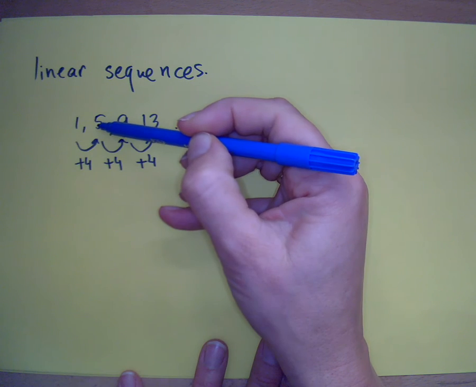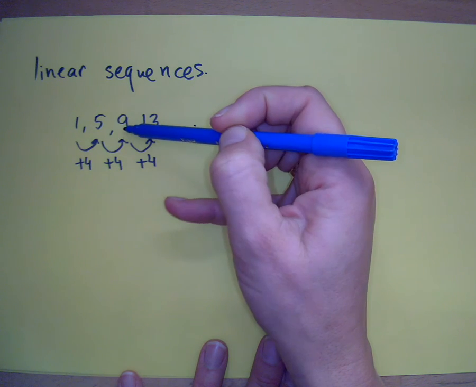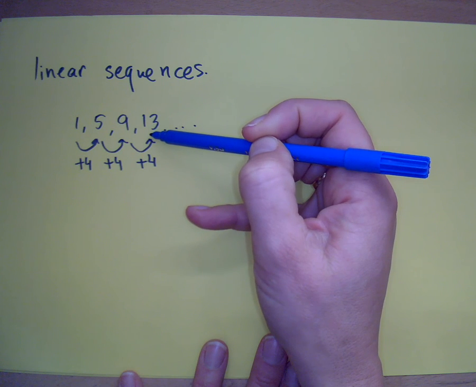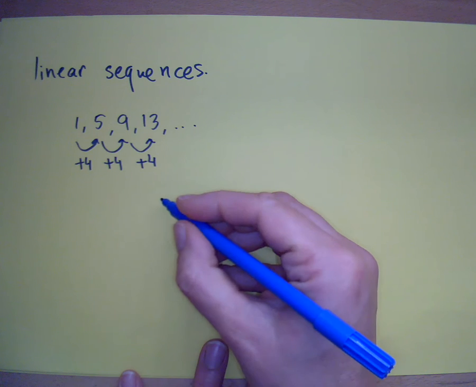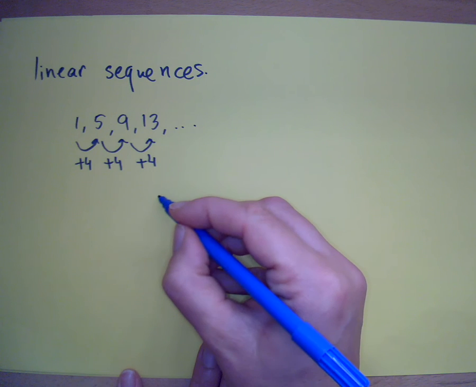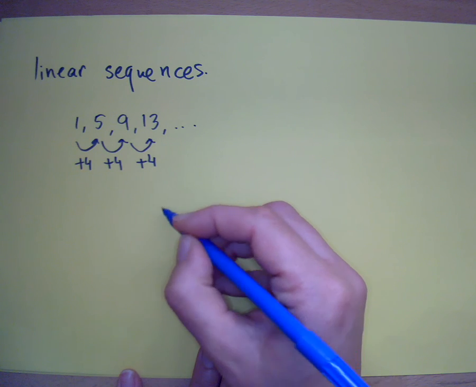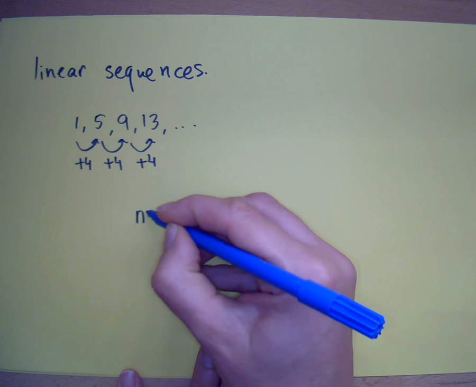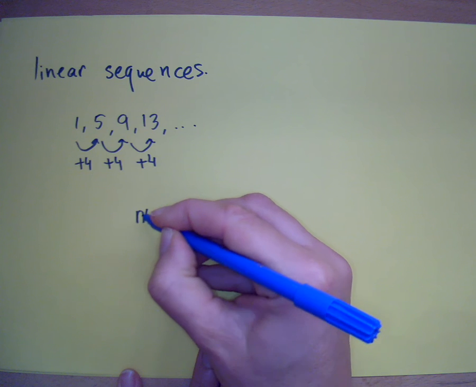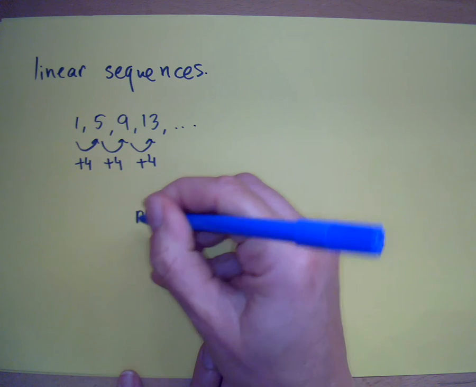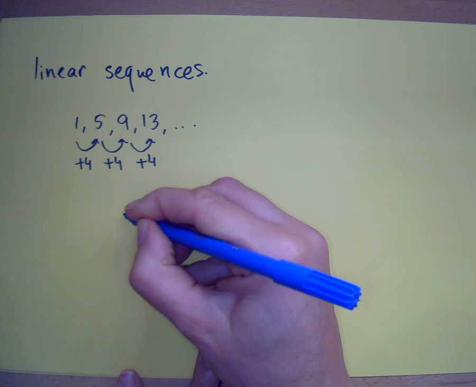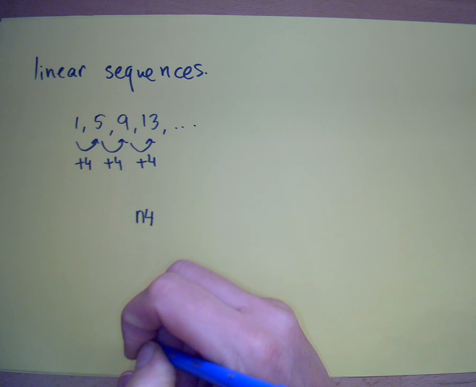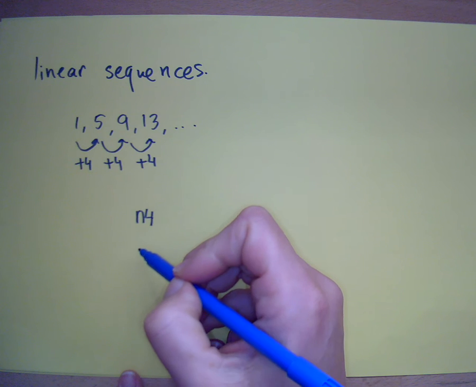Here we've added 4 once. Here we've added 4 twice. Here we've added 4 3 times. So our algebraic expression is going to have something times 4, right? The nth term will have added 4 n times. So n times 4 is going to be in that expression. That's a good starting point.